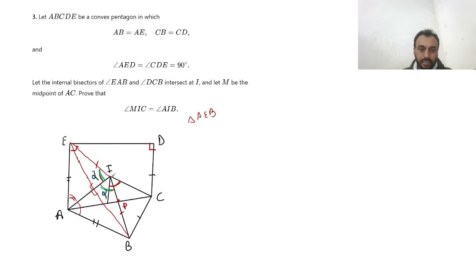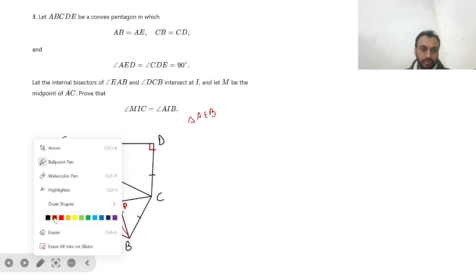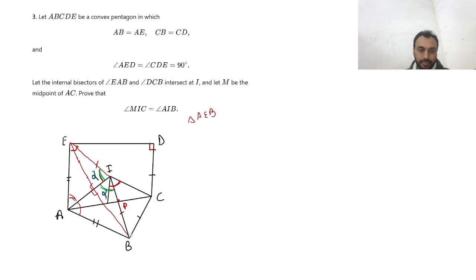Similarly, if I join BD, the same thing we can do with BD. Because BC is equal to CD and CI is an angle bisector, IC is a perpendicular bisector of BD.